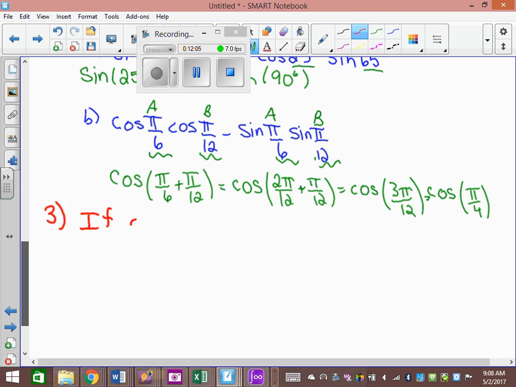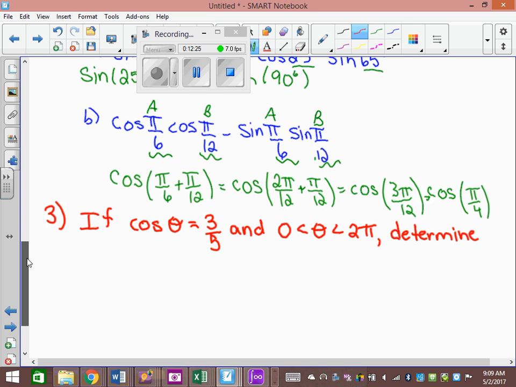If cos theta equals 3 over 5, and that's a 5, even though it doesn't look like it, and 0 is less than theta, is less than 2 pi, determine the value or values of sine theta plus pi over 6.